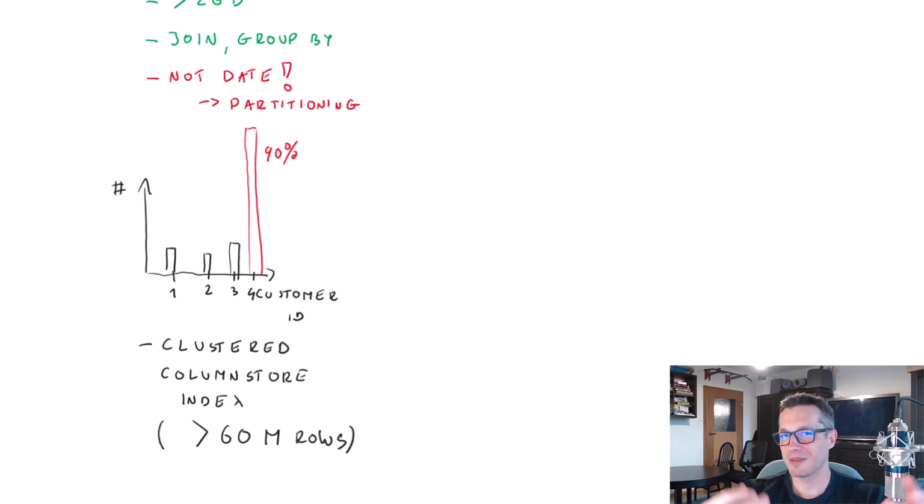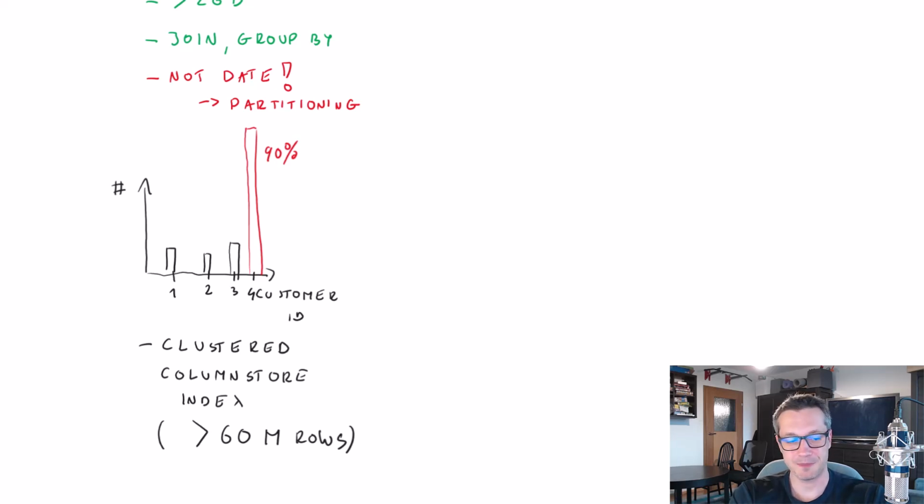To make them efficient, to use their full capabilities, they have to be compressed. And to make a segment of the index compressed, it has to have at least 1 million rows. And because we have 60 distributions, that's why our table should have at least 60 million rows to give some benefits from this type of index.